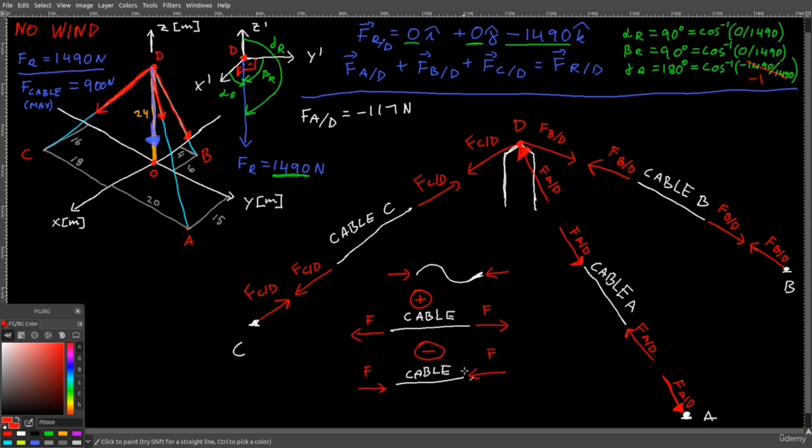And if the cable is in compression, then in this connection point, from the point of view of point D, the force is inwards. And that means that this force is negative. So this force here would be negative, and then this force here would be positive, and also this force here would be positive.